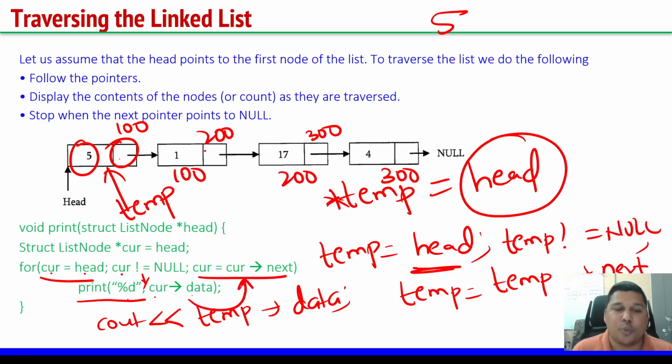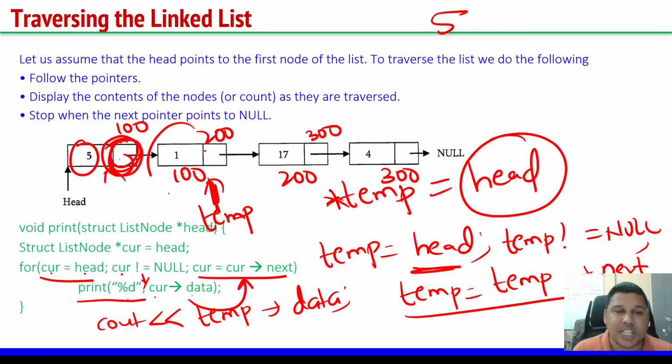Again go to the for loop increment part. What do you have in the increment part? Current equal to current next, or temp equal to temp next. What is temp next? Temp next means 100. So this becomes your temp now, because temp's next contains 100. So your pointer will be pointing here now. This is erased.